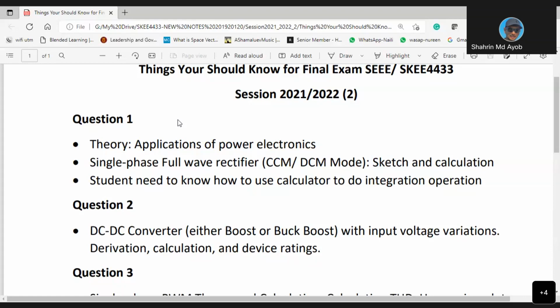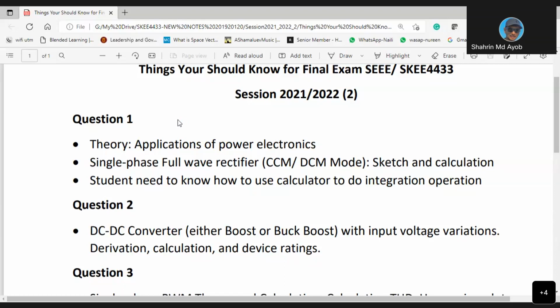Okay, I think at this question, you need to know the condition for the circuit to be in CCM or DCM. There's a condition kan? Alpha, dia punya firing angle must be lower than inverse tangent omega L over R. Tu ada condition dia. So you need to memorize that.